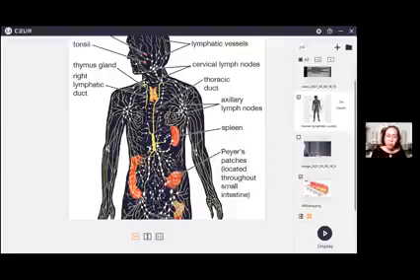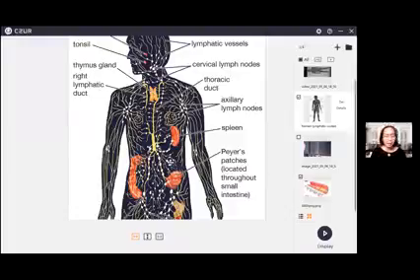It produces and releases lymphocytes. That's why it's called lymphatic, lymphocytes. In simple layman's terms, lymphocytes are the white blood cells. What's the function of the white blood cells or the lymphocytes? They destroy any foreign invaders. What are these foreign invaders?